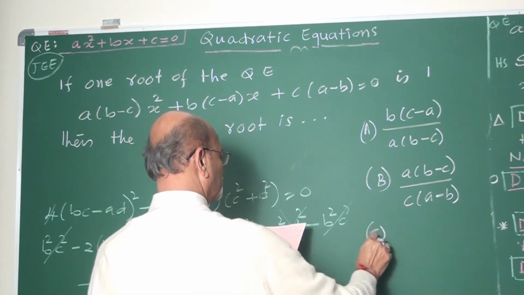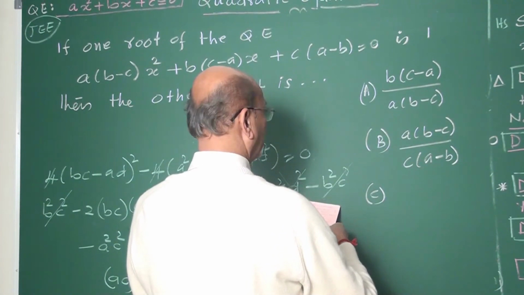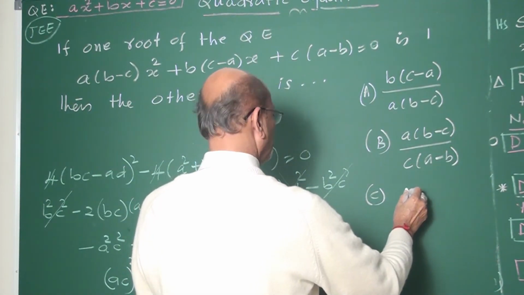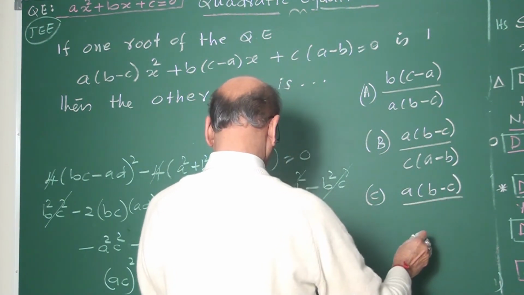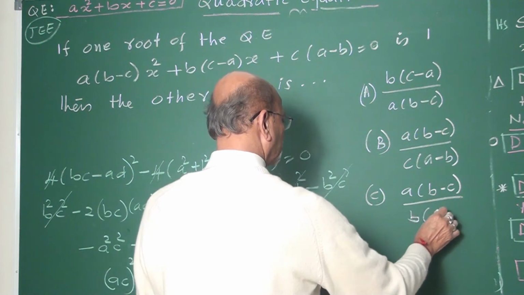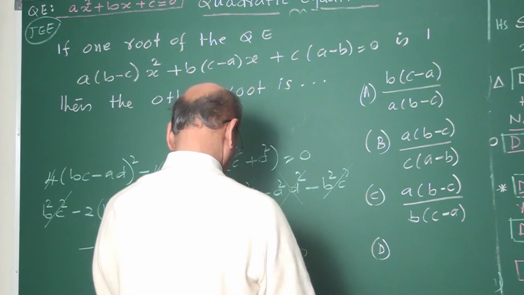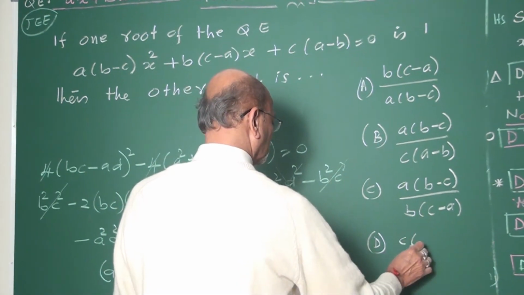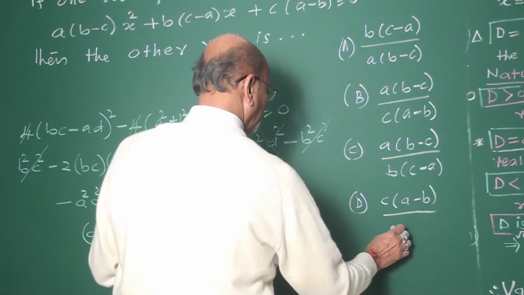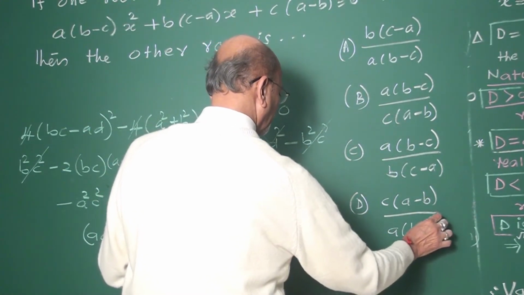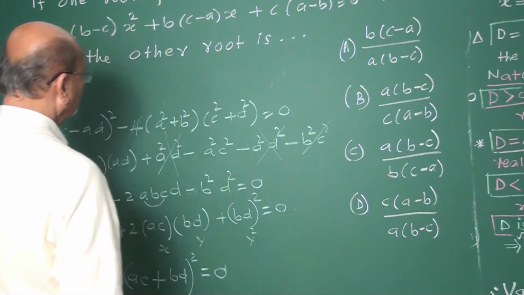Third option, a into b minus c, denominator is b into c minus a. Fourth option, D, it is c into a minus b, down is a into b minus c. These are four options. Read the example.